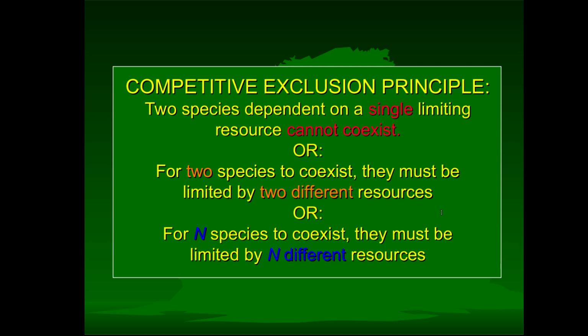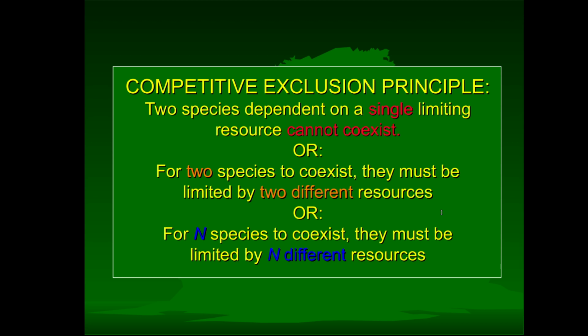So if they're complete competitors that cannot switch to different resources, but are both dependent on the same identical resource, then one will always be superior, and we can't expect them to coexist indefinitely. If you extend this to n species, for n species to coexist, they must be limited by n different resources at least.